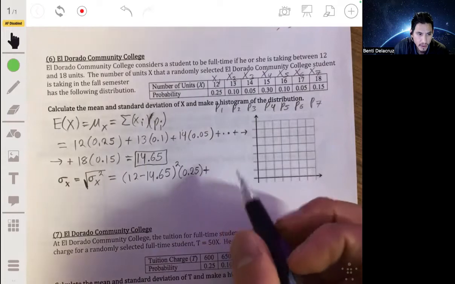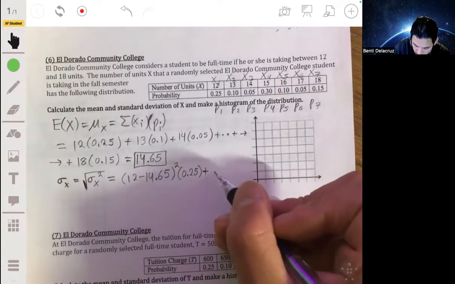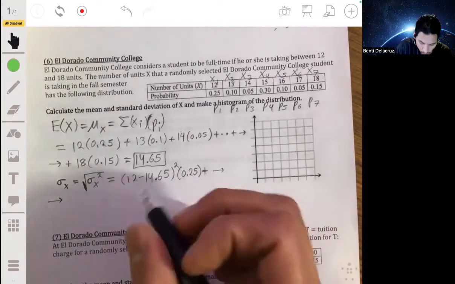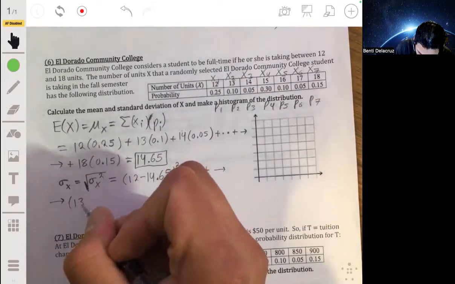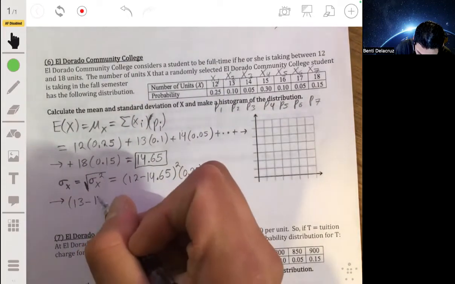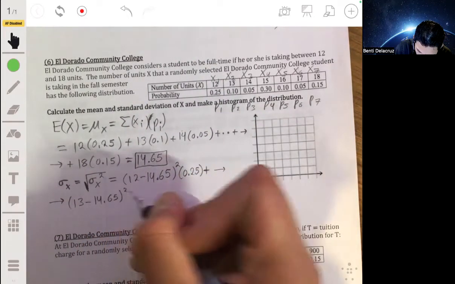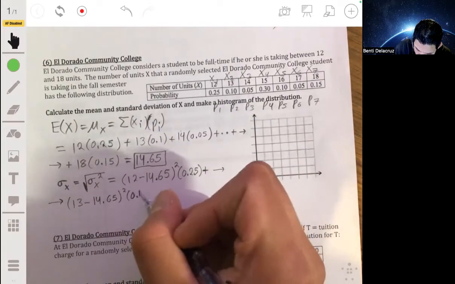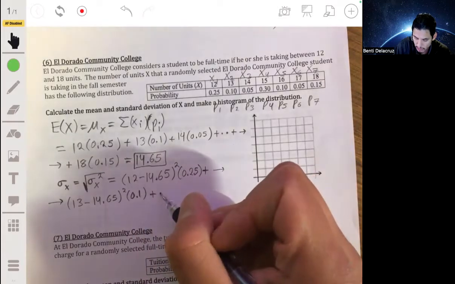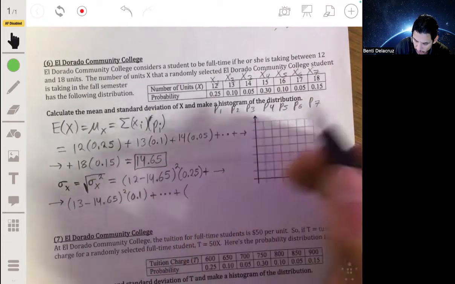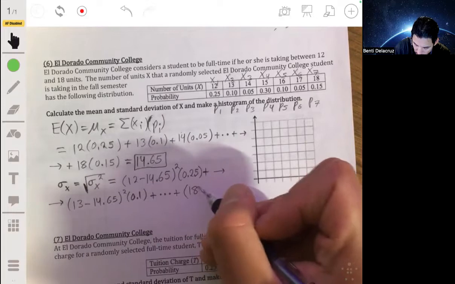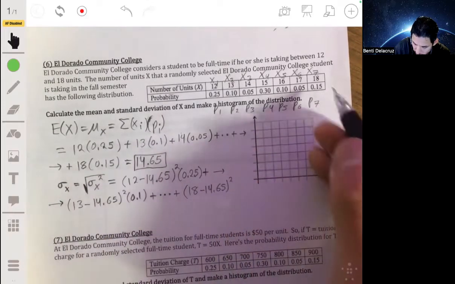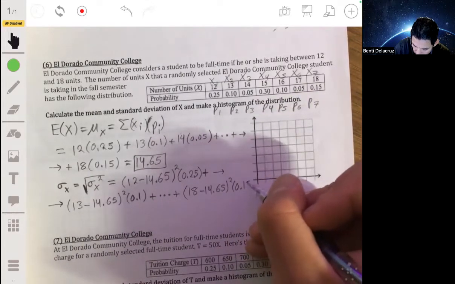I'm going to add that to x2, which is 13, minus the mean, 14.65, squared, times p2, which is 0.1, plus all the way until I get to x7, which is 18, minus the mean, 14.65 squared, times p7, which is 0.15.